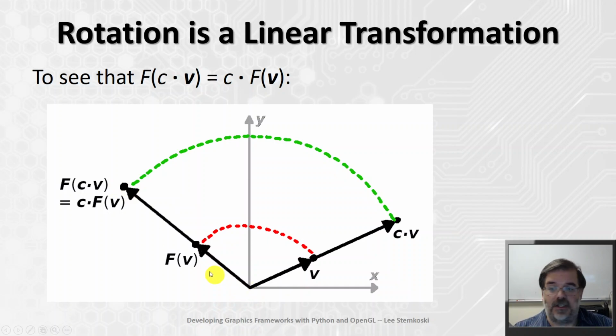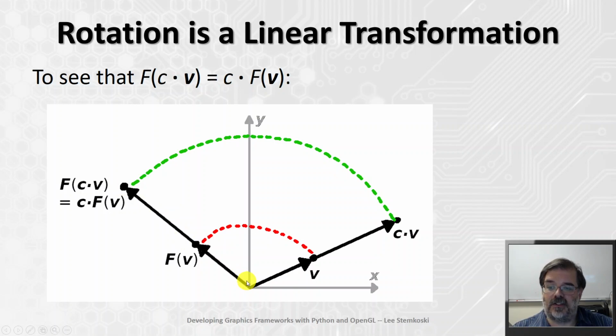Now, here's the interesting fact. If you take f of v and you multiply that by the constant c, you'll end up with a vector on the same line in the same direction, and the endpoint is c times d units away from the origin. So I can describe this point in two different ways. Right? This point is uniquely determined.